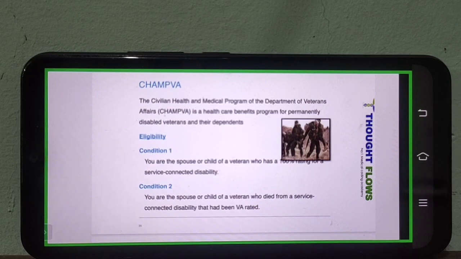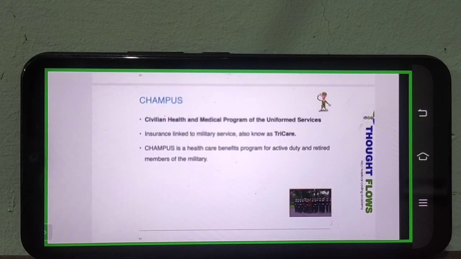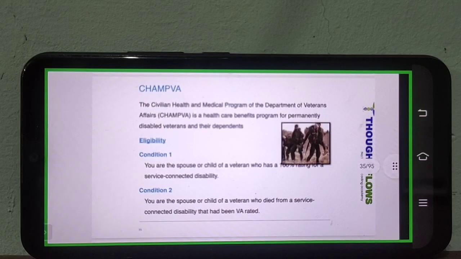But TRICARE covers the service only for military personnel, not their family members. If the insurance is to cover their family members, that comes under CHAMPVA.